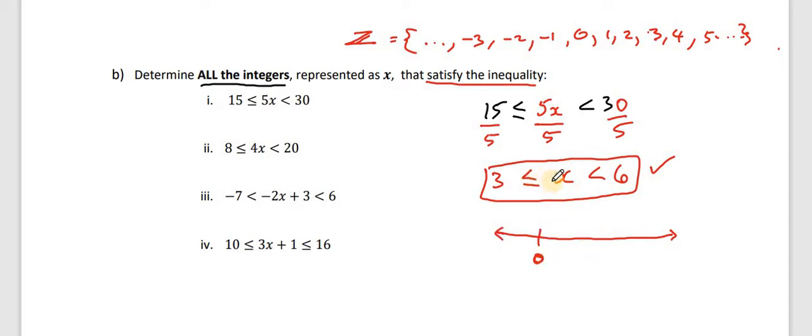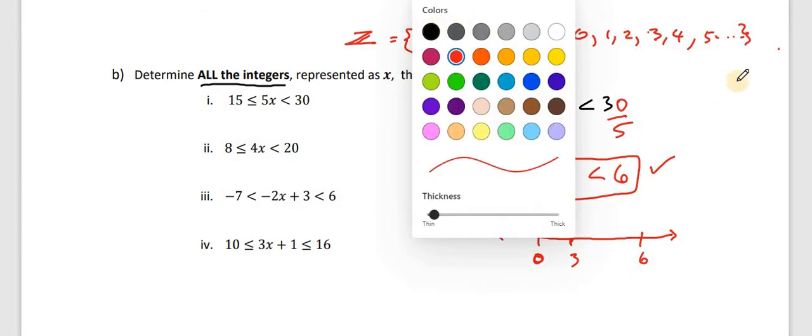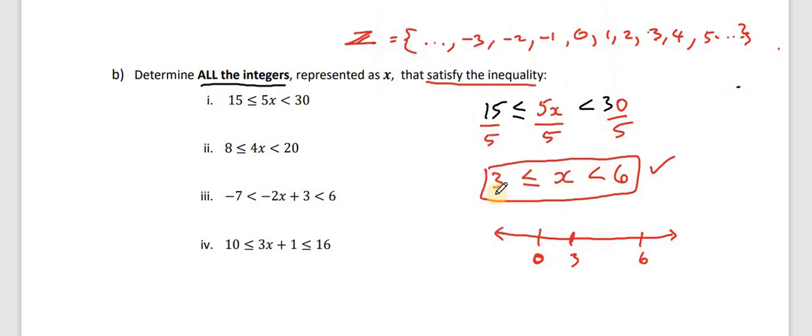But the values that we're talking about are all after 0. We just need to have the two numbers we're dealing with, 3 and 6. So you want to have those on the number line.